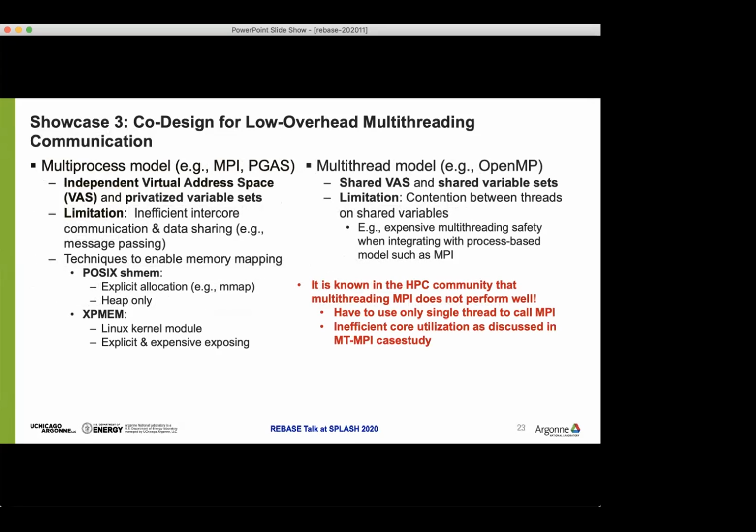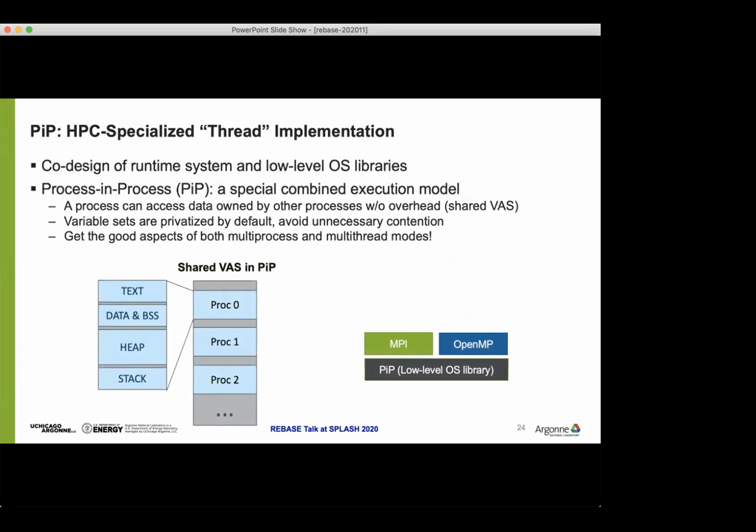But for HPC community, we are hitting the extreme performance. So if we can make a special customization for the process or thread definition, can we get a better performance? So this project, we tried that, and we designed a special thread implementation that's HPC specific.